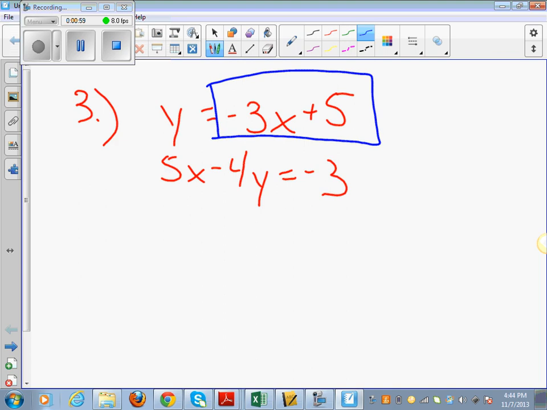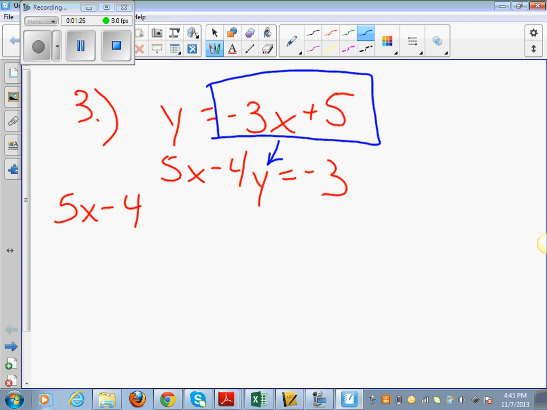So y is equal to negative 3x plus 5. So they're equal, which means that I can rewrite my second equation, the 5x minus 4y equals negative 3. I can substitute negative 3x plus 5 for y.